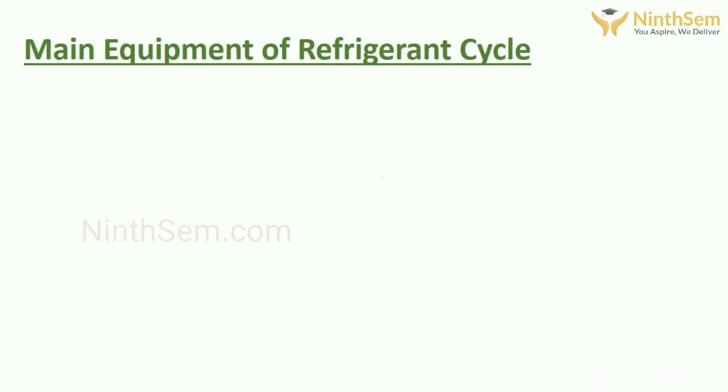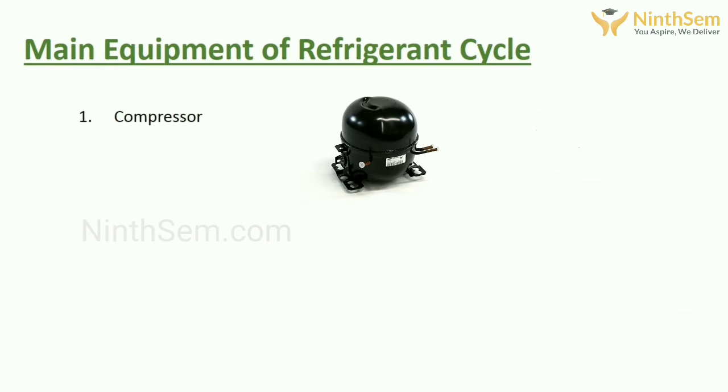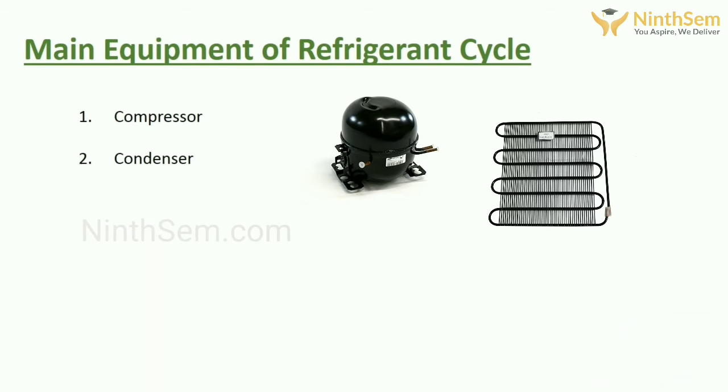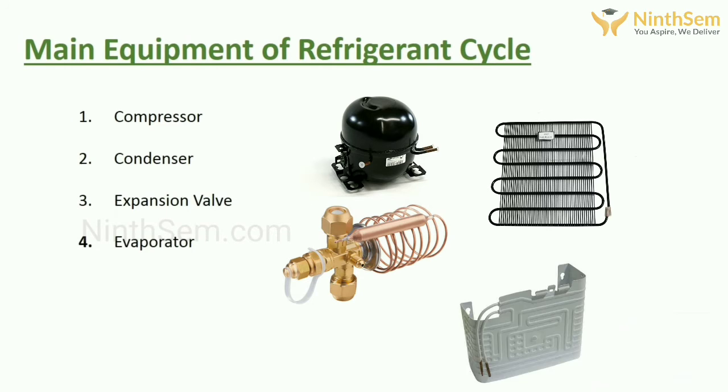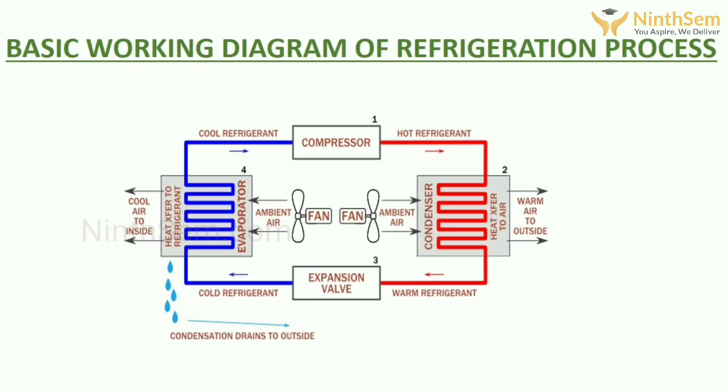The main equipment of the refrigerant cycle: number 1, compressor; number 2, condenser; number 3, expansion valve; and number 4, evaporator. The basic working diagram of the refrigeration process. Here you can see the pictorial diagram of the refrigeration process.